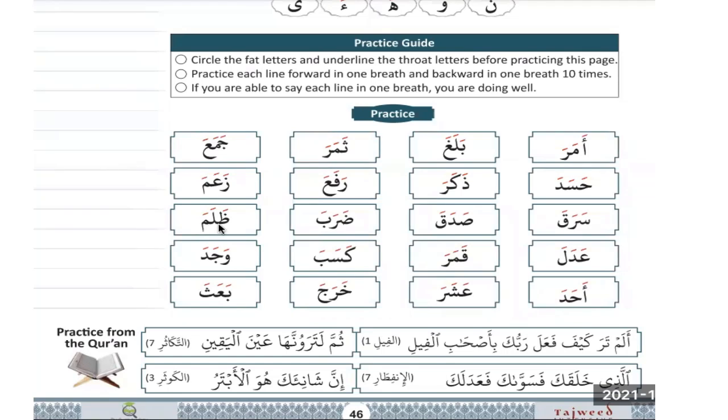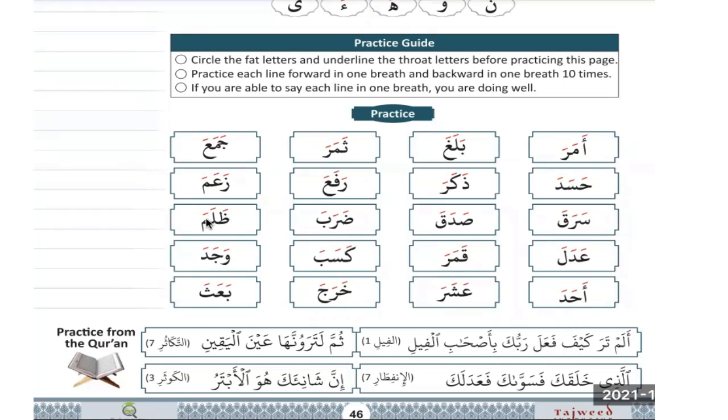Don't say it with a light za. Why am I repeating this? Because it is a very common mistake. Every letter has a fatha on it, nothing else, so we give equal length. Za is a fat letter, lam is a light letter, mim is a light letter, and we use both lips, but the dry part.